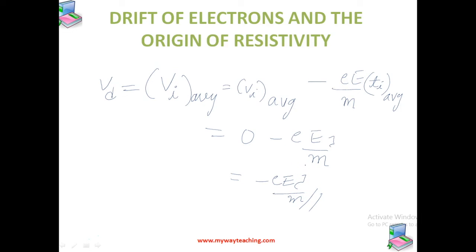This end result tells us that the electrons move with an average velocity which is independent of time, although the electrons are accelerated. This is the phenomenon of drift, and the velocity Vd here we call the drift velocity.